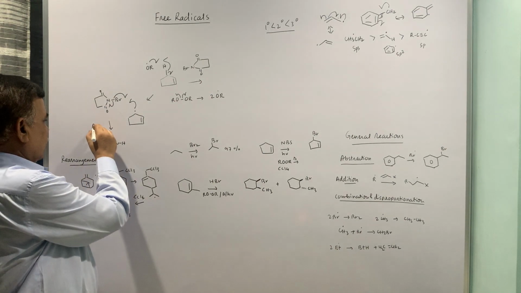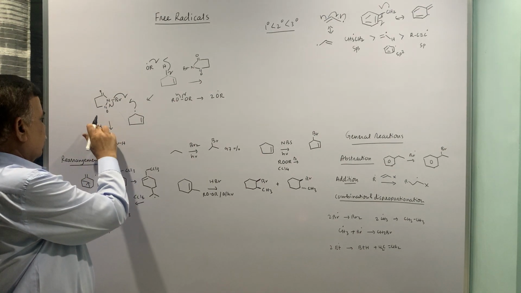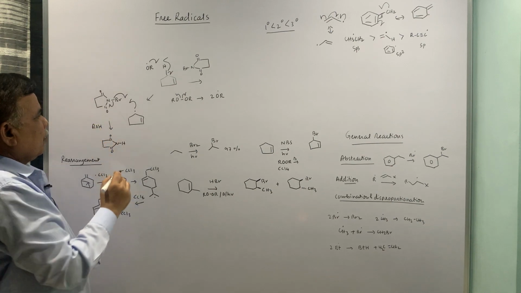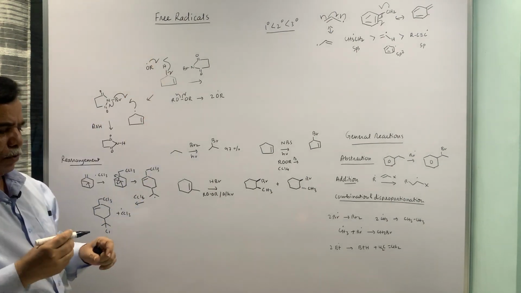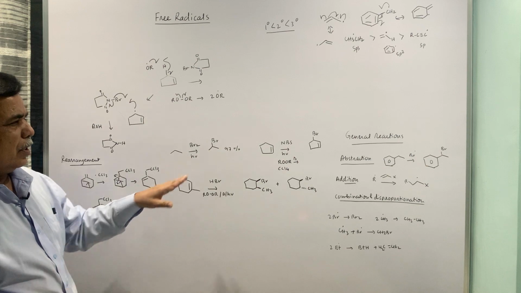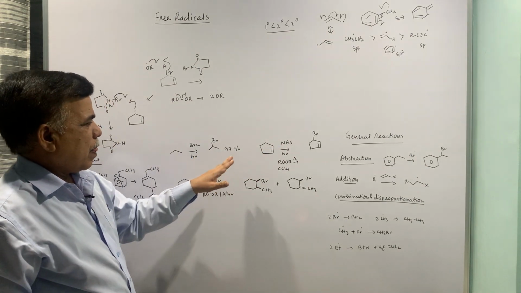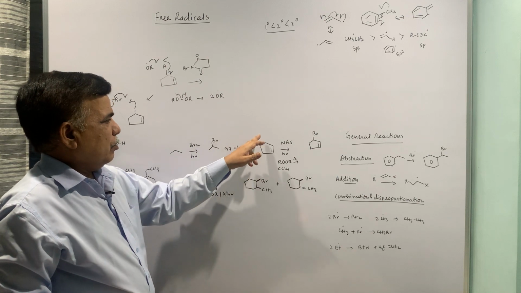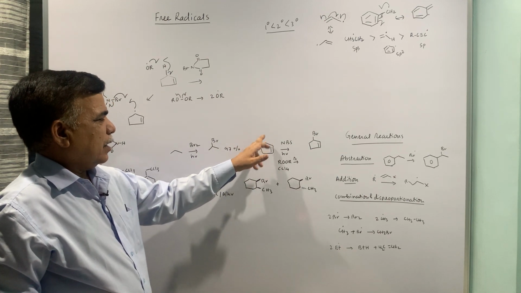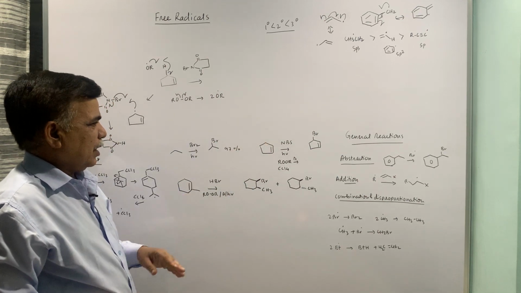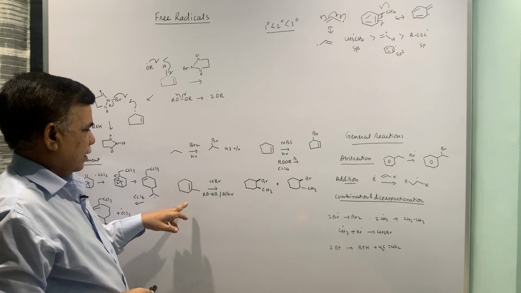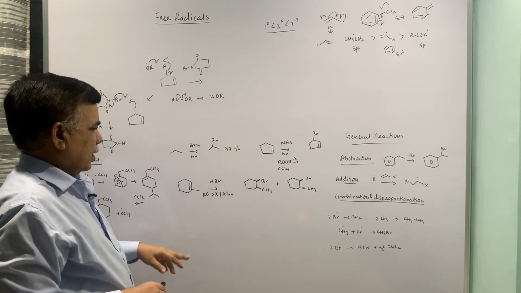Now this proton is given by ROH, which is generated in situ from this kind of reaction. If you use, say, a methyl group here, then a little rearrangement takes place and you get the rearranged product.